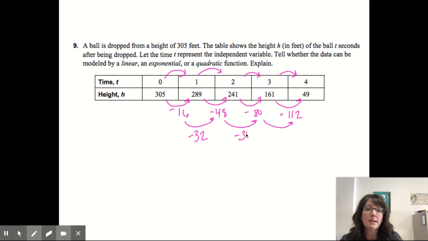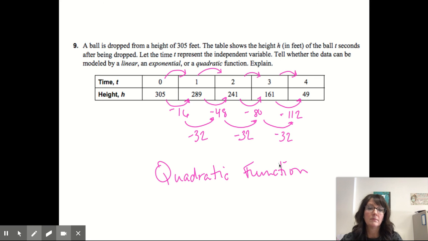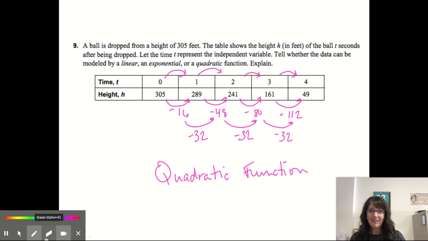So it looks like our second difference appears to be constant. Nice. And this is modeled by a quadratic function. All right, there you have it. All of lesson 8.6 in its entirety.